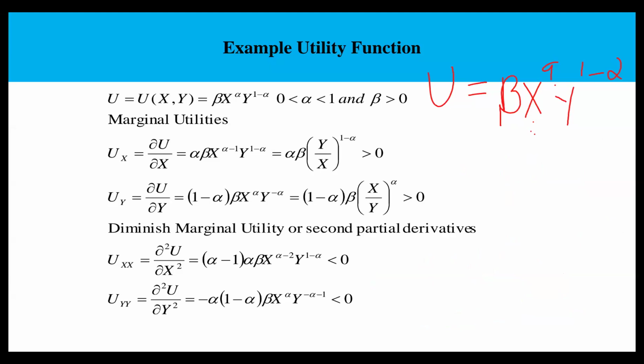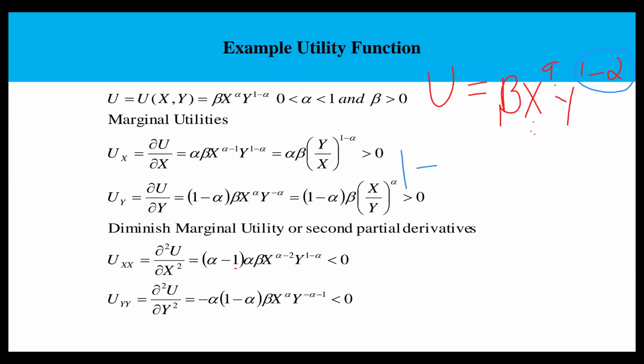How do you deal with it when it is differentiated with respect to beta? You know that, with respect to y, this is your y. Your y has the power 1 over 1 minus alpha.